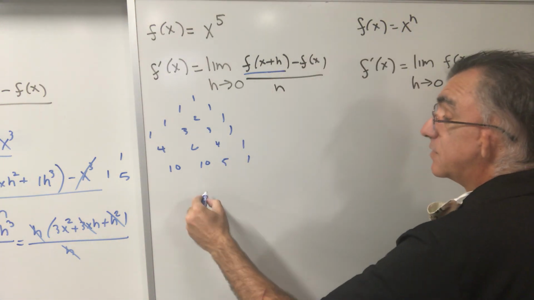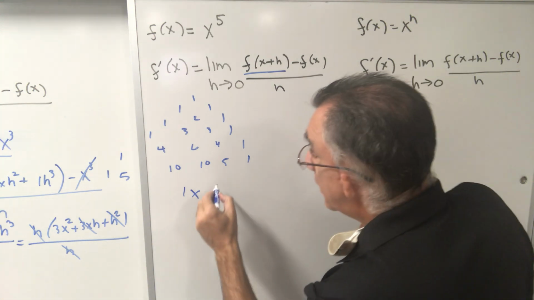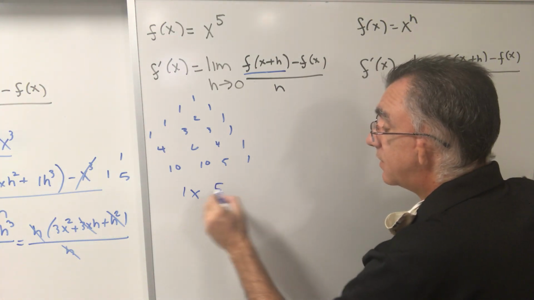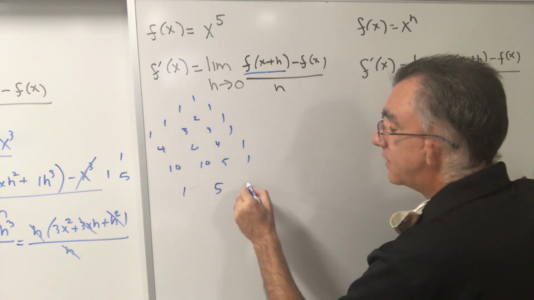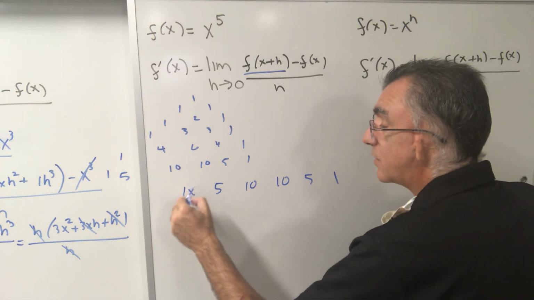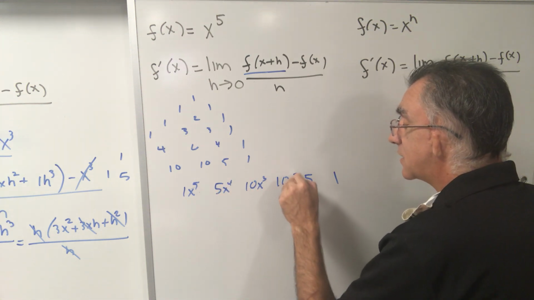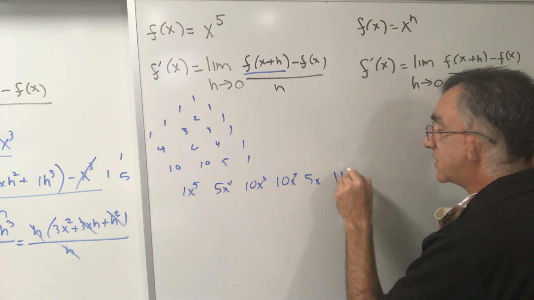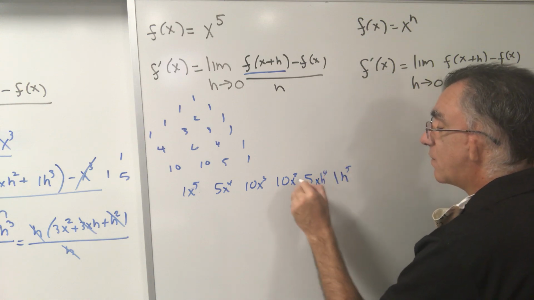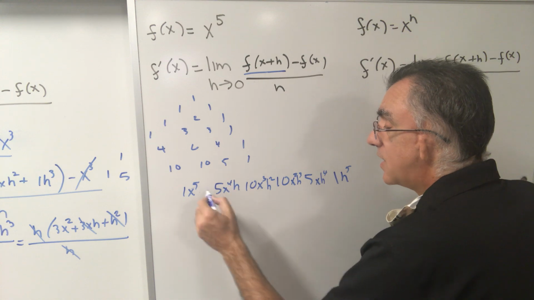So this would actually FOIL out to 1, 5, 10, 10, 5, 1, and then we start with x to the fifth, x to the fourth, x to the third, x squared, x, and then here h to the fifth, h to the fourth, h to the third, h squared, h.